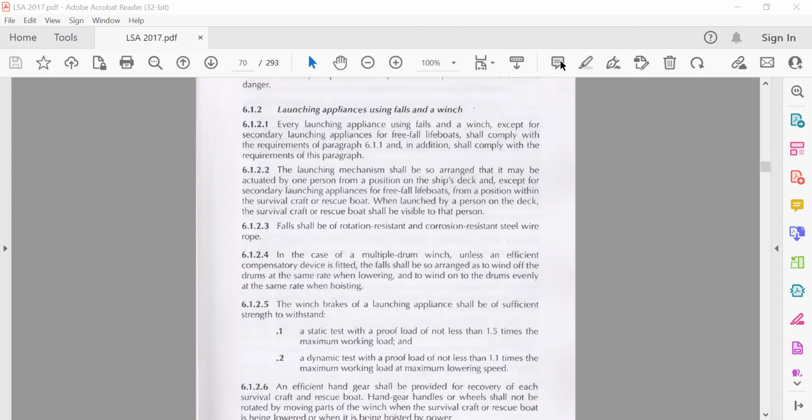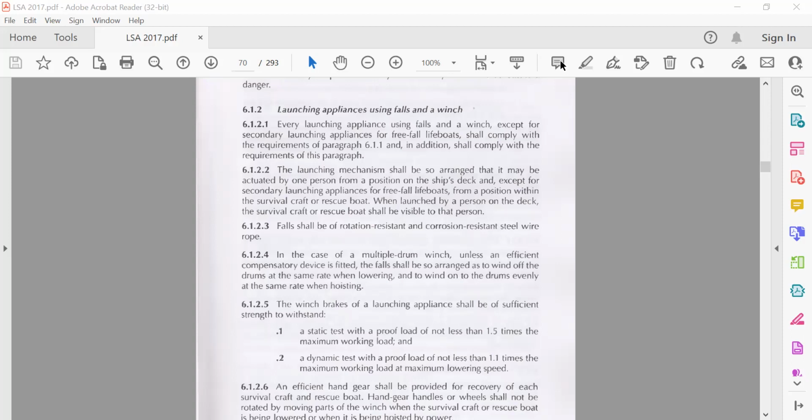The launching mechanism shall be so arranged that it can be operated by one person from a position on the ship's deck, and except for secondary launching appliances for free-fall lifeboats, from a position within the survival craft or rescue boat. When launched by a person on the deck, the survival craft or rescue boat shall be visible to that person.